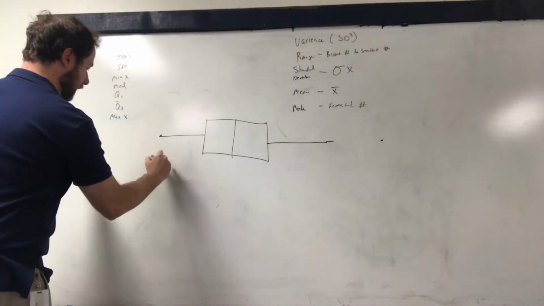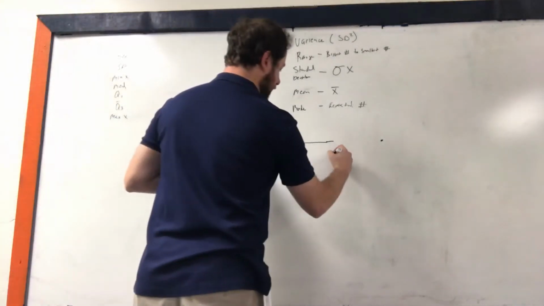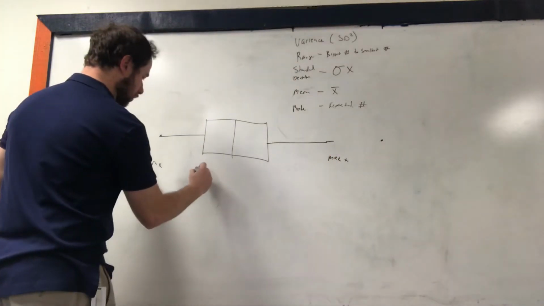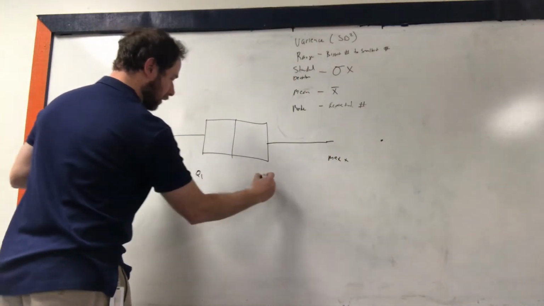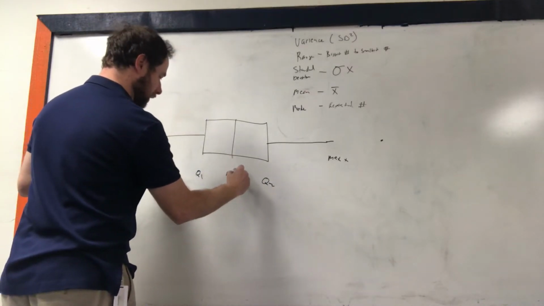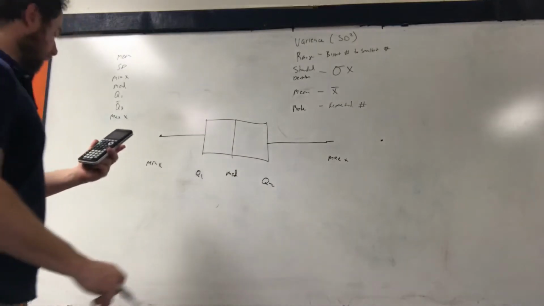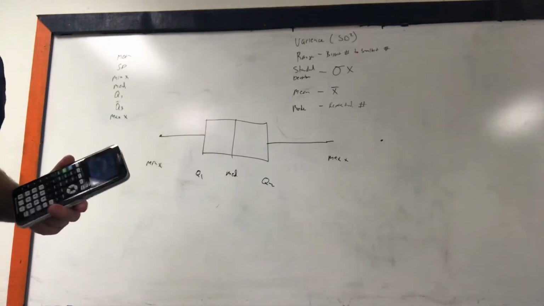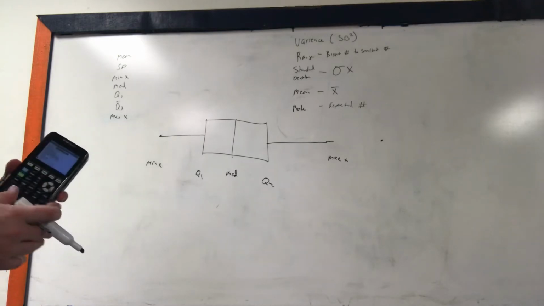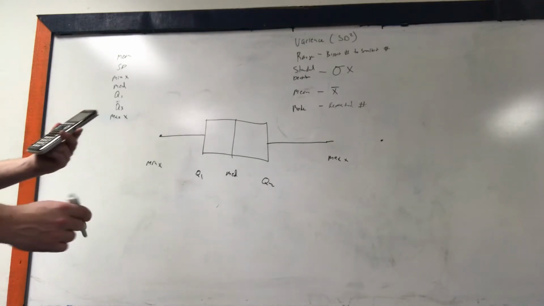You have the min x, the max x, the Q1, right there, and the Q2, the median, right here, and we can come up with all of these answers by putting in what we got from our calculator.